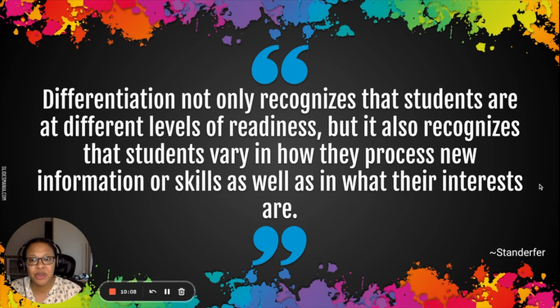Readiness level, the way they process information, and also what they're interested in. So we've circled back to that idea that we talked about earlier with Tomlinson's model, right? So it's really important just to keep that centered on students. Those three areas: readiness level, processing, and interest.